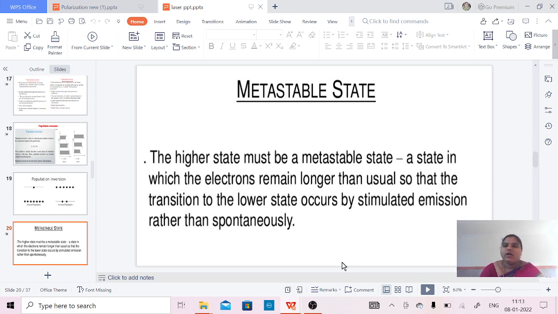Okay, let us see what a metastable state is. From the start of this chapter, we have been discussing only the ground state and the excited state. Now, what is the concept of a metastable state? The higher state must be a metastable state, a state in which the electrons remain longer than usual, so that the transition to the lower state occurs by stimulated emission rather than spontaneously.